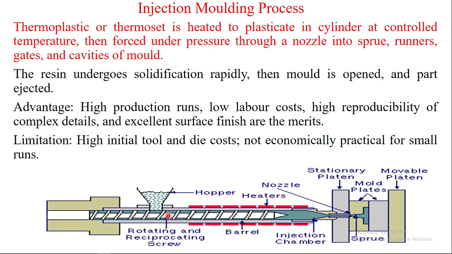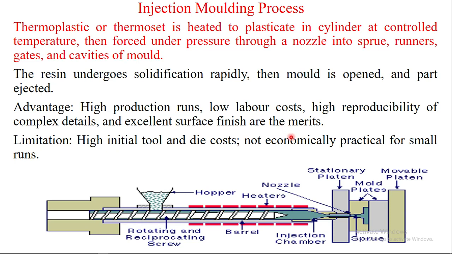Then, by using the reciprocating screw, which is rotating, the material is fed into the barrel. The barrel is the heated area. A heater is applied. After that, the resin undergoes rapid solidification, the mold is opened, and the part is ejected.